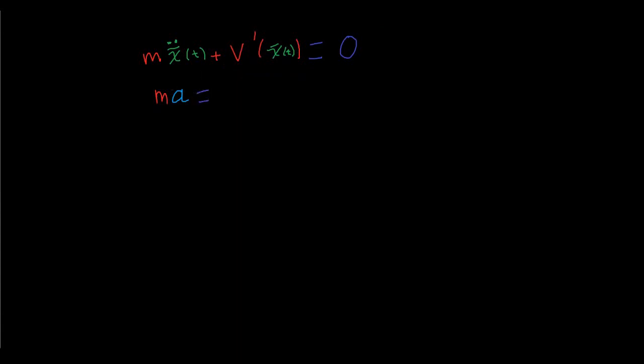Equals negative dv dx. And as I hope you remember, negative the derivative of v, where v is our potential energy, is equal to F. So just rearranging this a bit, we have F equals ma. Boom!